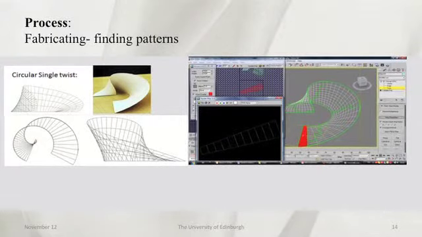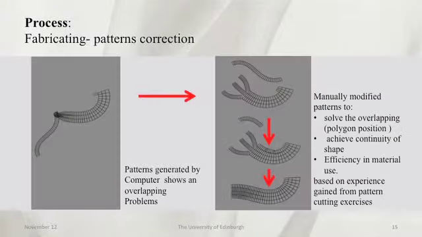Digital tools also gave me fabrication information, because the conventional architectural set of plans, sections and elevations wasn't helpful to construct these pieces. Digital tools were able to give me the required patterns. They weren't quite right when the computer generated them, so I had to edit them manually to achieve continuity and efficient use of the material.